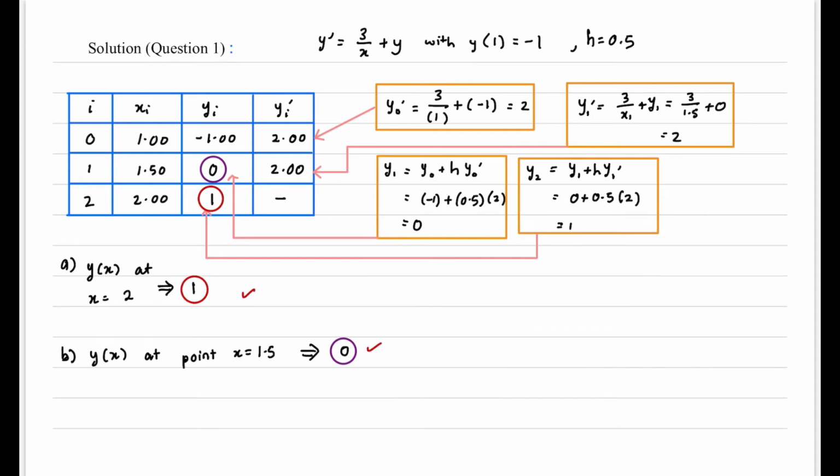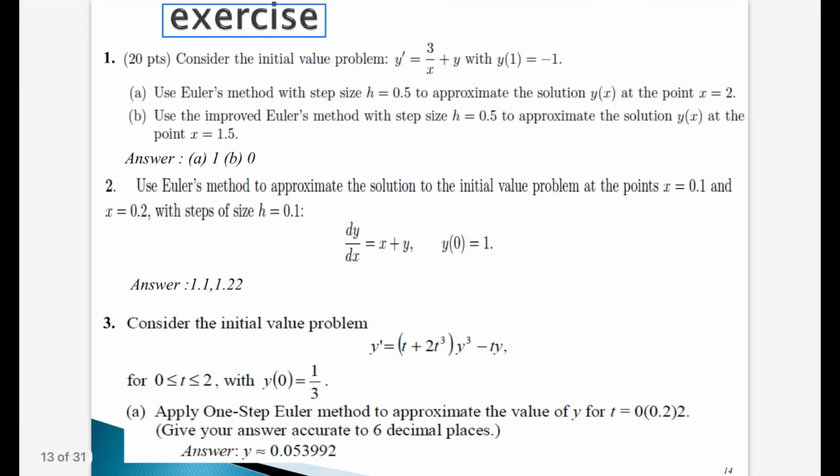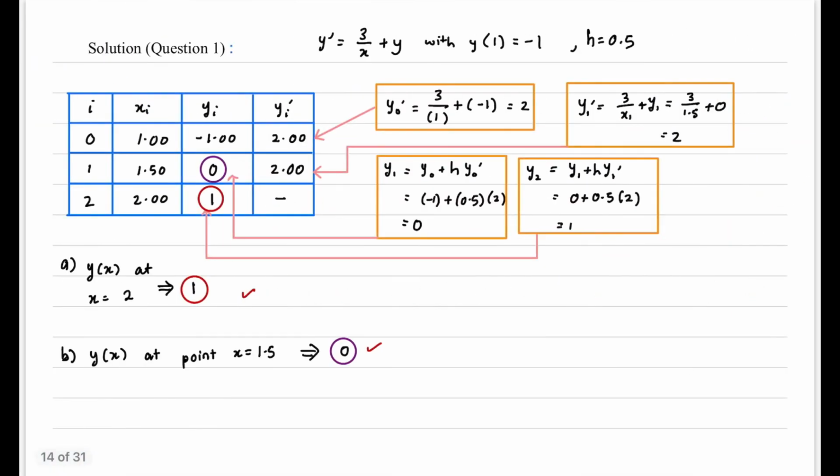So y(x) at x equal to 2 is equal to 1. And then question B, use the improved Euler method with step size 0.5 to approximate the solution y(x) at x equal to 1.5. So at x equal to 1.5, the answer will be 0.